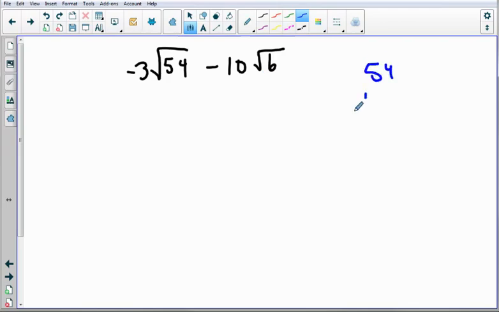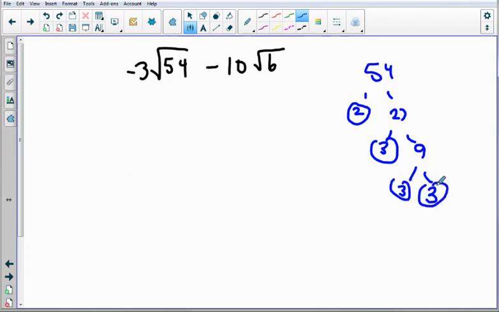So that 54 breaks down into 2 times 27. 27 breaks down into 3 times 9, which breaks down into 3 times 3. All right. So I know that these are square roots, so I'm looking for groups of 2 of the same number. Well, there are 2 3s right there. So that 3 comes out.